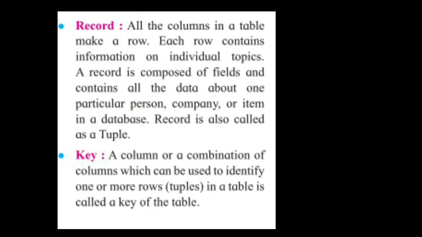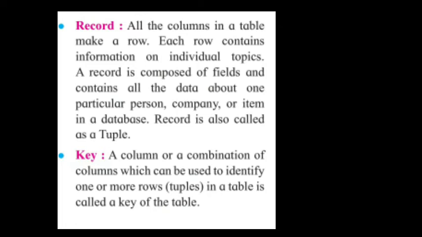So guys, how can we make the definition of a record? A record is a collection of fields, and those fields may be related to different elements. Whenever we club all these fields together, it makes a complete record.